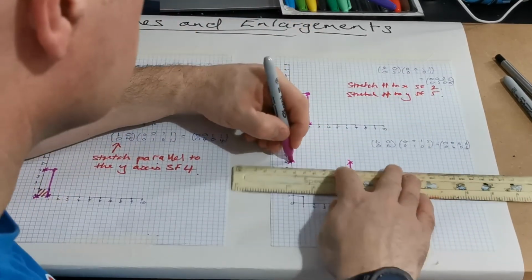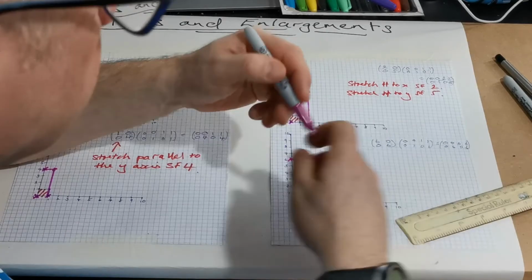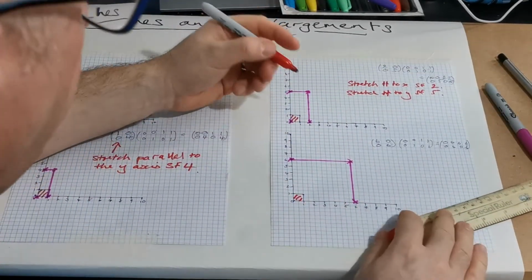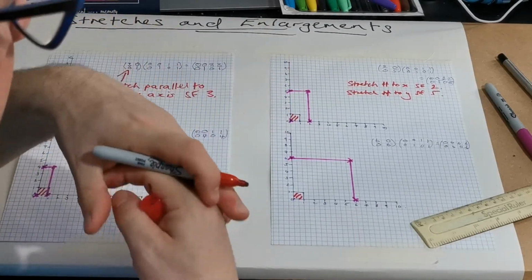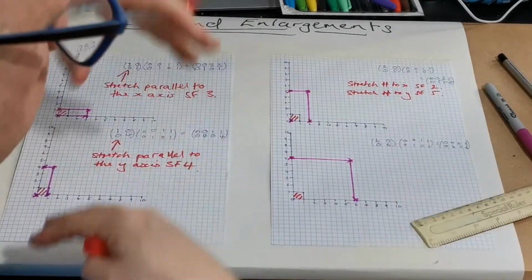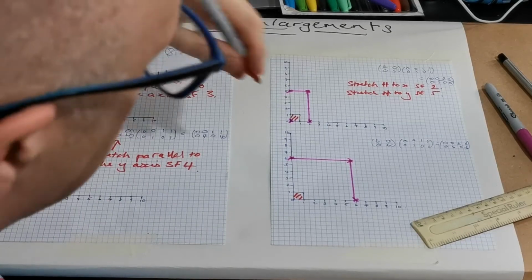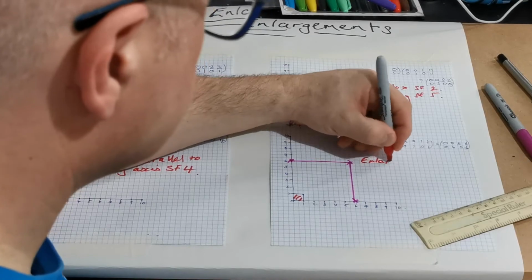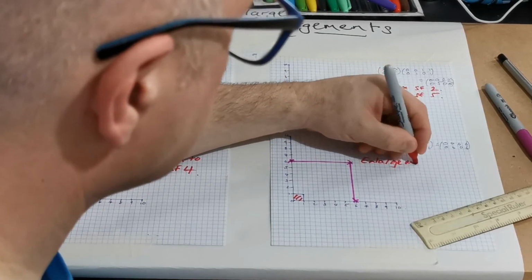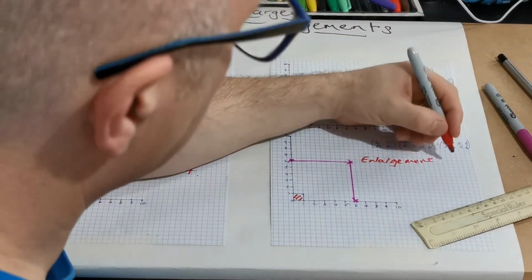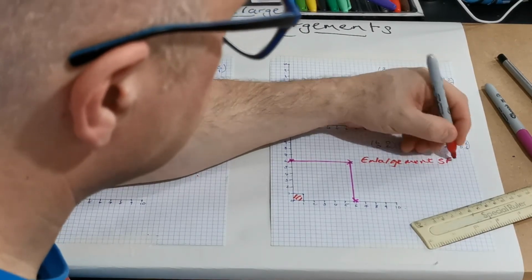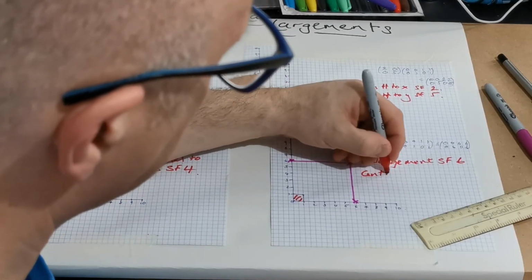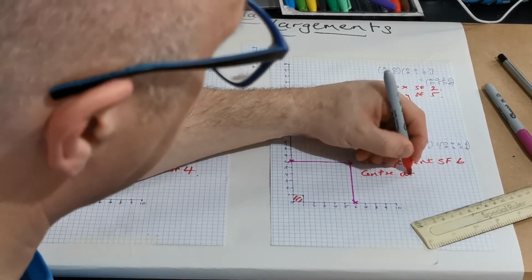My unit square becomes another square, but this time, because it's stretched in the x direction, same as the stretch in the y direction, this is an enlargement of scale factor 6, centre at O.